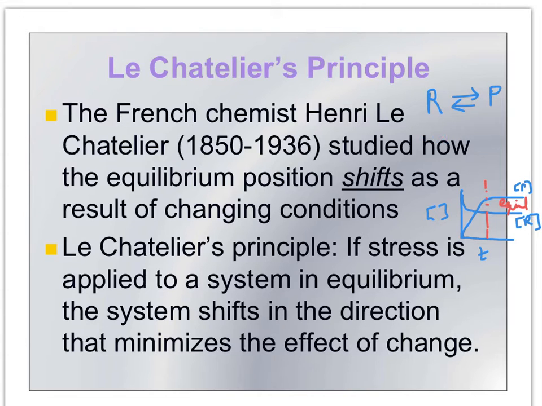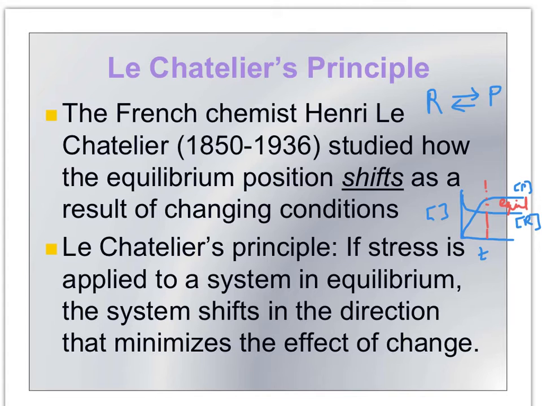We introduce a shift. Either my forward rate is going to be higher, so my forward reaction is going to happen faster than my reverse reaction. We say that that's shifting to the right, to go from reactants to products. Or the other way could happen. I could make it shift to the left, meaning that the reverse rate, going from products to reactants, is higher than the rate of going from reactants to products.